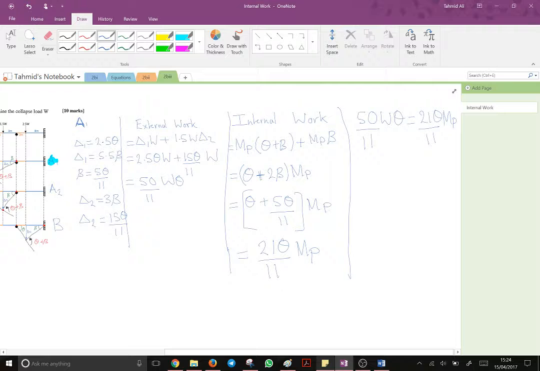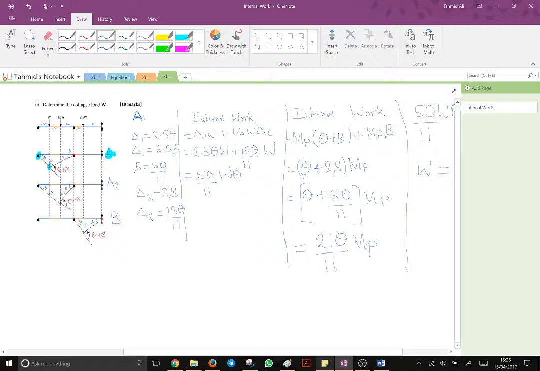So if you rearrange that, you get W is equal to 0.42 MP.